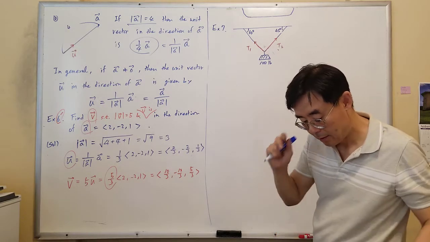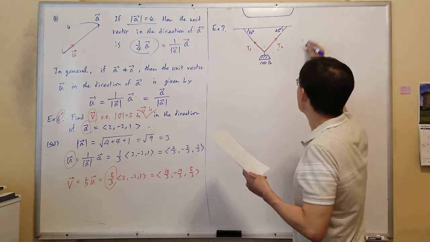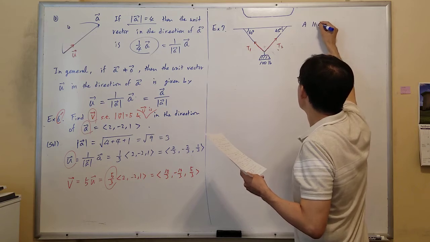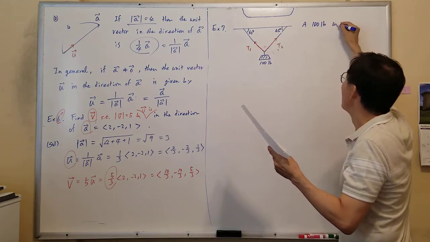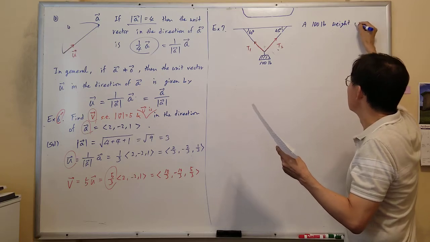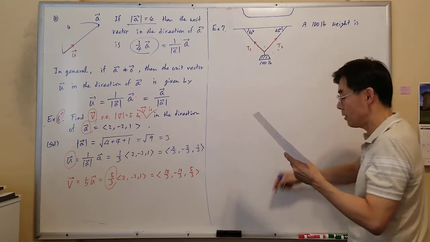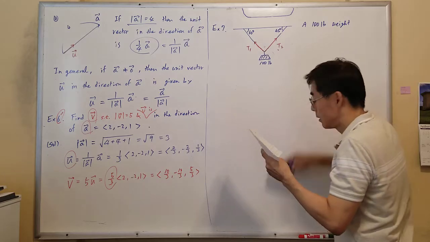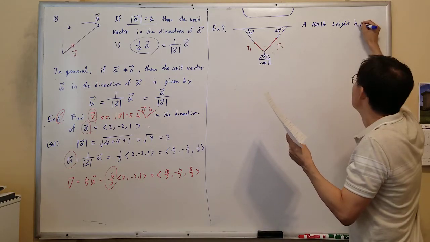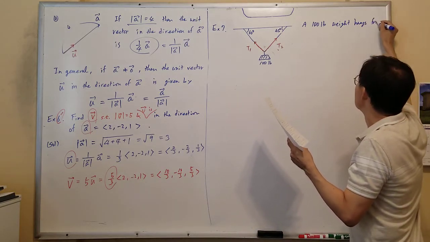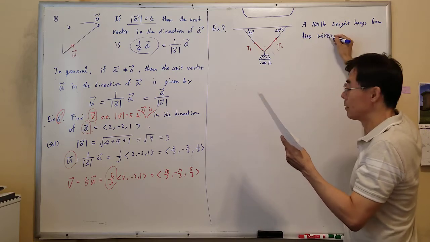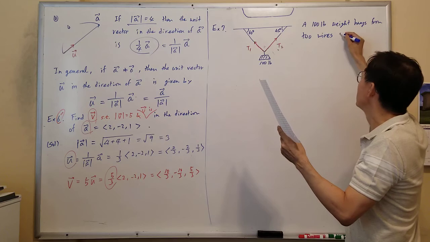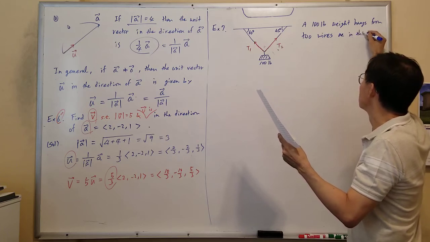So a 100 pound weight hangs from two wires, as in this figure.